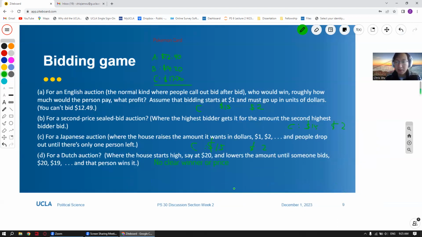So therefore, it depends on the item. It depends on how people value these items. Different strategies decided by the house may have slightly different outcomes.